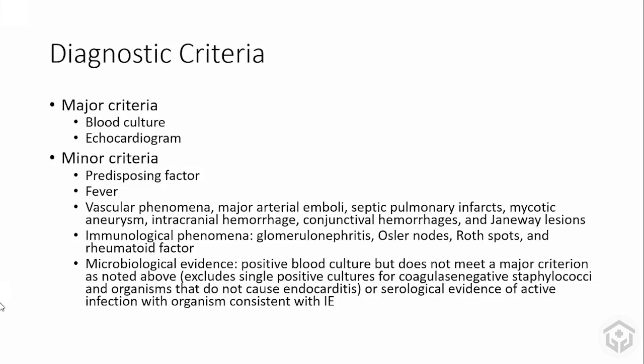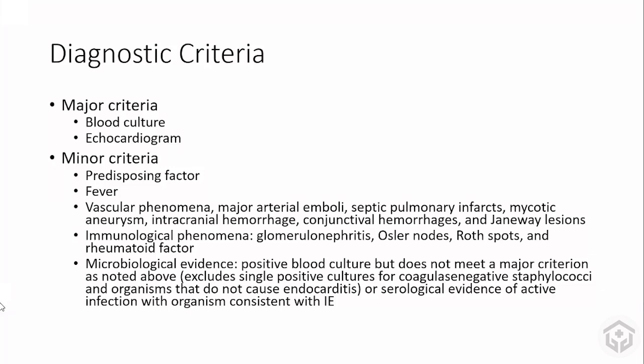The major criteria are blood culture positivity, where at least 2 blood cultures should be positive for the common organism causing infective endocarditis, and an echocardiogram supporting the presence of vegetations. So those are the major criteria.